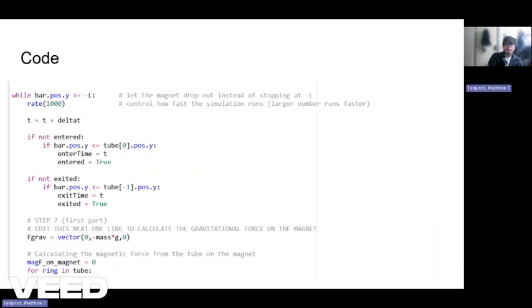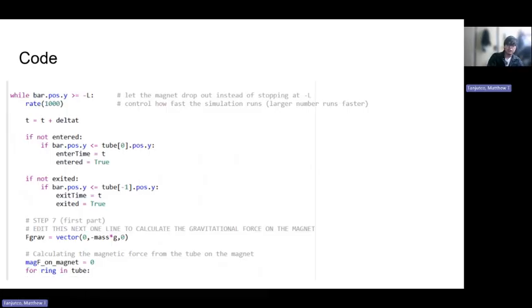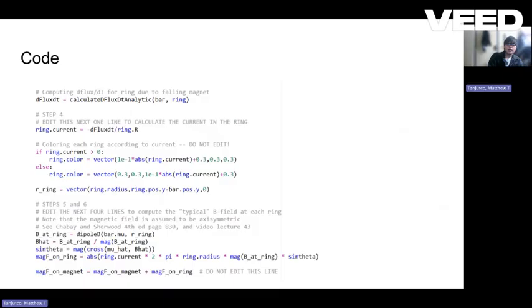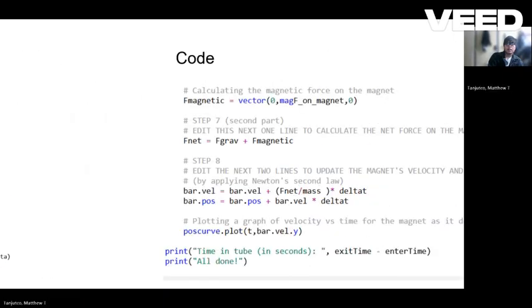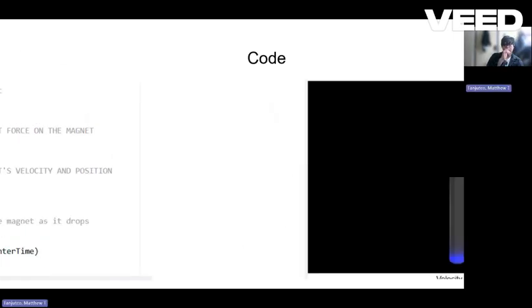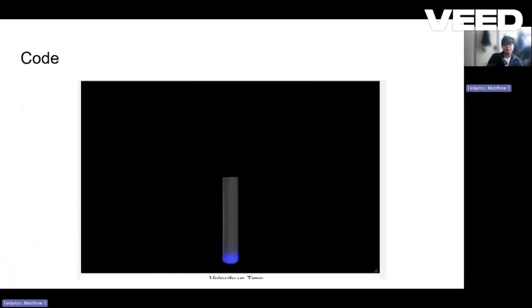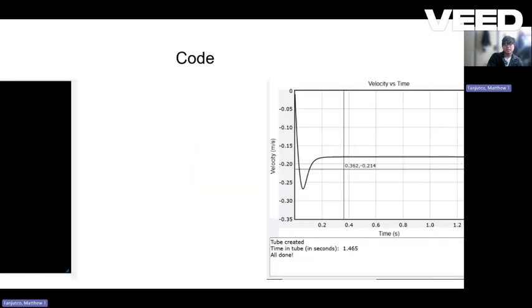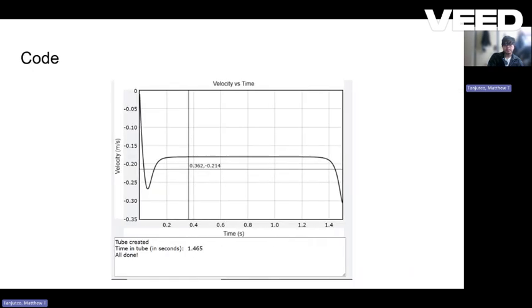Now this is the part where we make the simulation happen, letting the magnet drop through the conductor, with a bit more flux calculations and even more calculations for the force of the magnet, printing everything out in the end. So this is what we got for the code, the demonstration, and this is the graph we got.